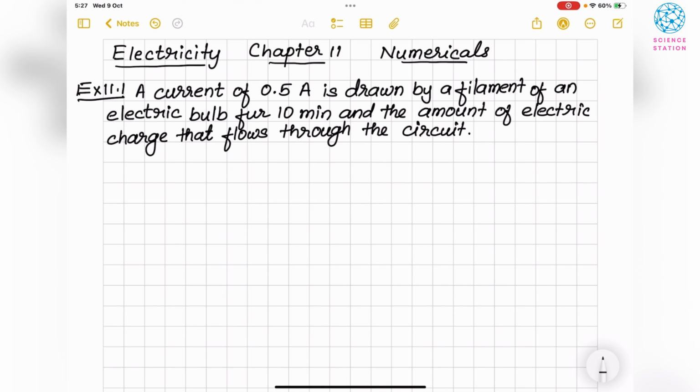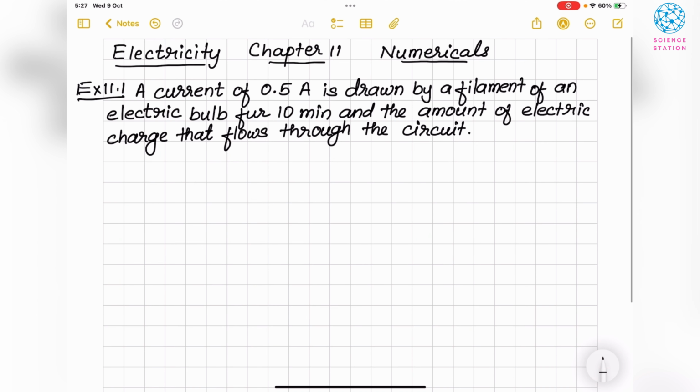Now, starting with the numericals of electricity chapter, the first numerical, that is example 11.1, says a current of 0.5 ampere is drawn by a filament of an electric bulb for 10 minutes, and the amount of electric charge that flows through the circuit.